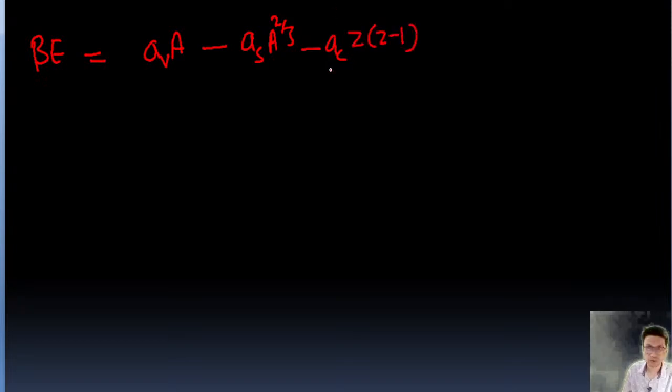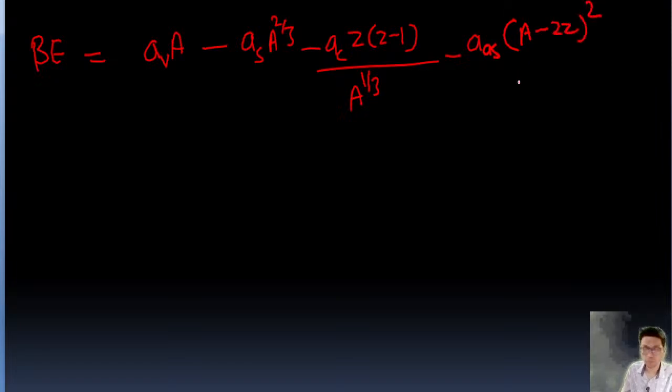Using those different energies, the binding energy of the nucleus is going to be AV A, the volume energy, then AS A to the power 2 by 3, the surface energy, minus AC Z into Z minus 1 upon A to the power 1 by 3, minus AAS, the asymmetric energy, which is A minus 2Z whole square upon A, plus minus AP upon A to the power 3 by 4.